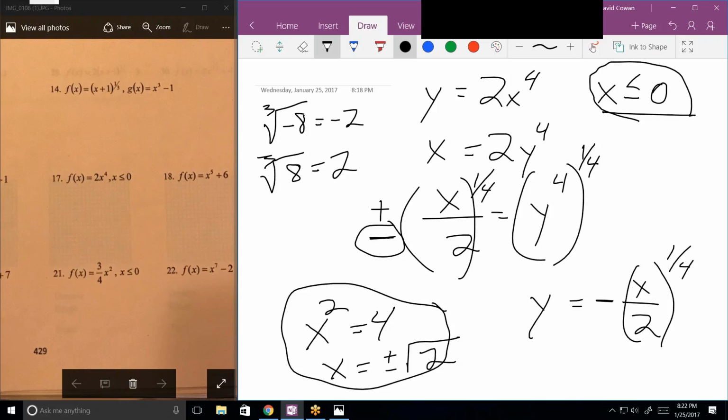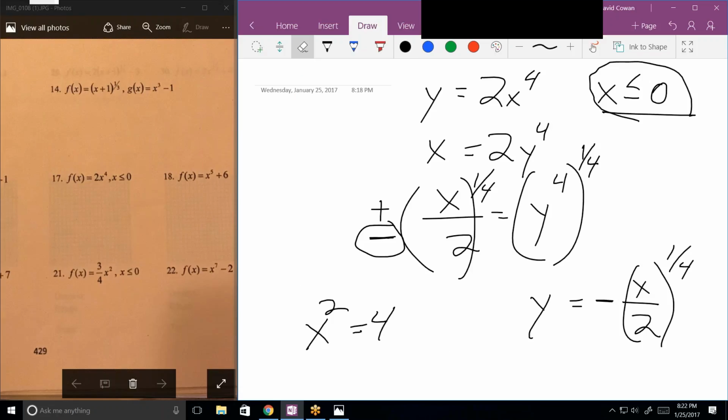When I'm taking odd roots of numbers, it doesn't ever begin with plus or minus. It's either a plus or a minus. But if I'm taking even roots, it's always a plus or minus. Well, in this problem, we're taking an even root. And the reason they put this restriction on it up here is they don't want a plus or minus answer. They want one or the other.